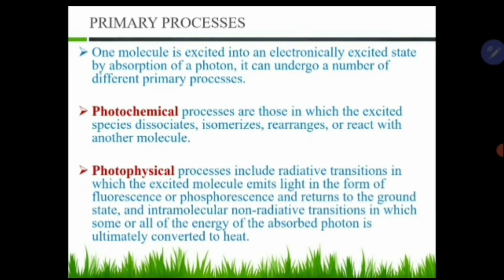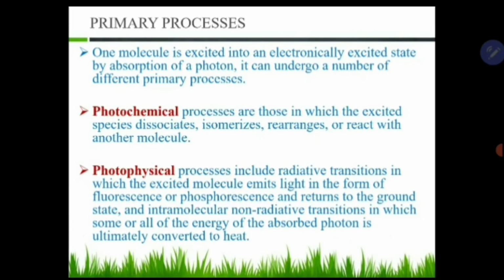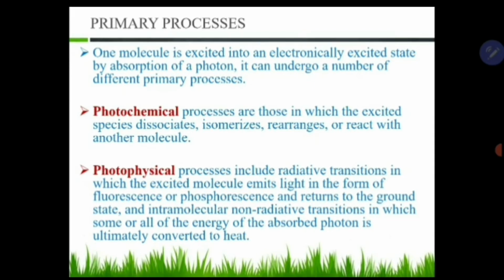So here the molecules are getting excited and emitting the absorbed energy in the form of radiation. Or a molecule absorbs energy, and that energy is transferred to another molecule by colliding with it, so the energy will be transformed in the form of heat.